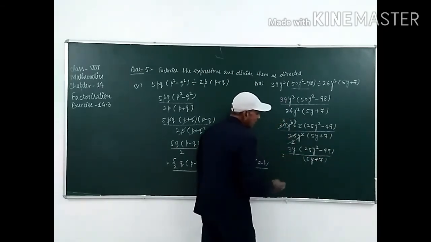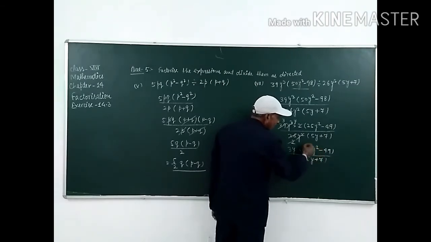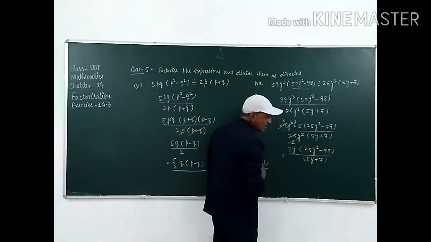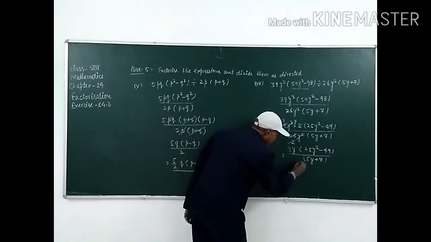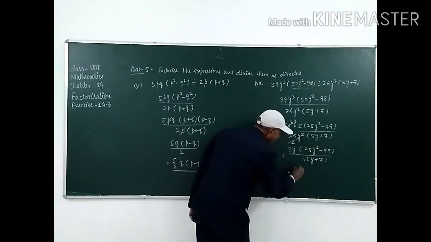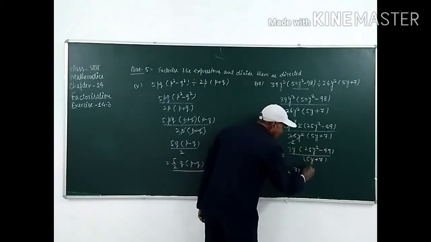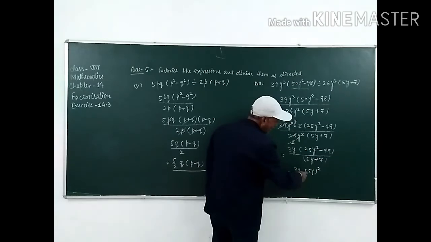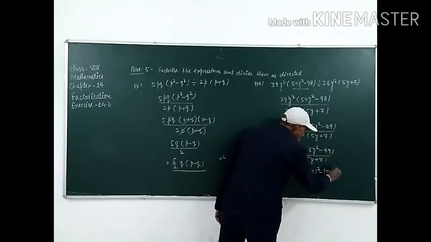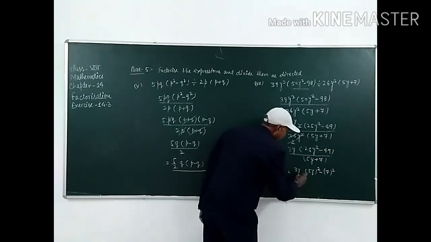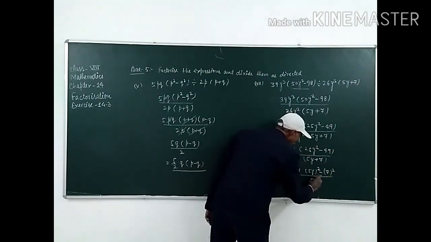Now in the next part, students, we have to write it in the form of a square minus b square, that is 25y square minus 49. So in the next part we can write 3y, and 25y square we can write as 5y whole square. 5y into 5y will be 25y square, students, minus 7 whole square, because this one is 49, and the denominator will be 5y plus 7.